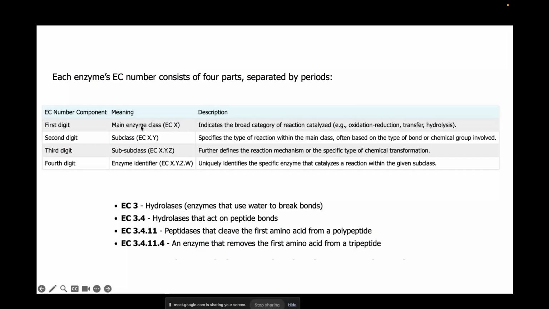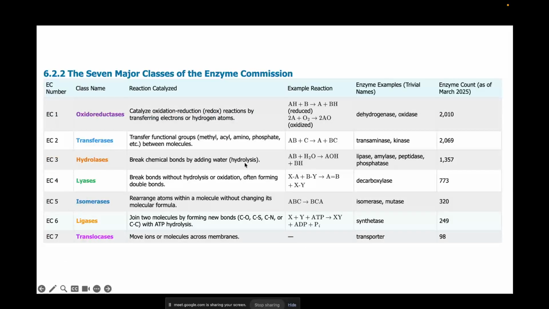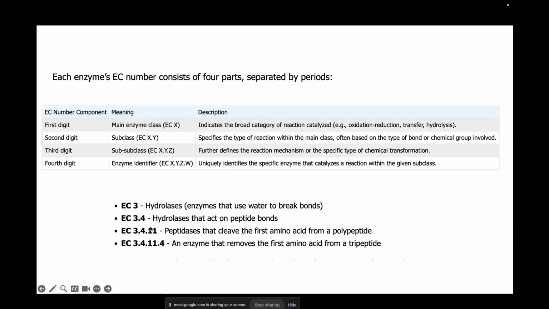The EC number for a particular enzyme is a four-part number separated by periods, which are basically full stops or dots. The first digit tells you the enzyme class. If it is a 3, it is a hydrolase, as you are seeing here. Enzyme class 3 is a hydrolase. If it's 3.4, it's another subclassification.